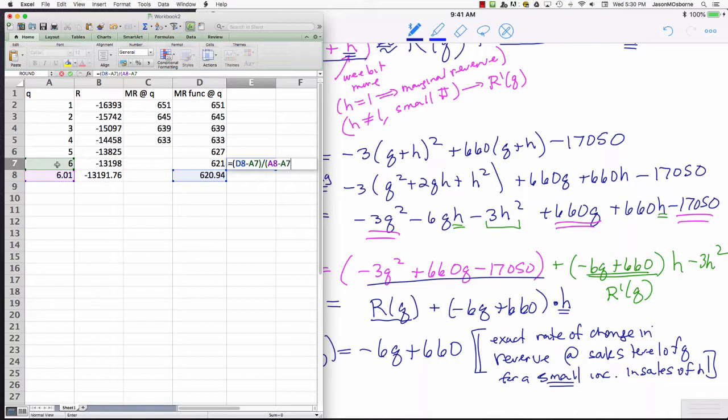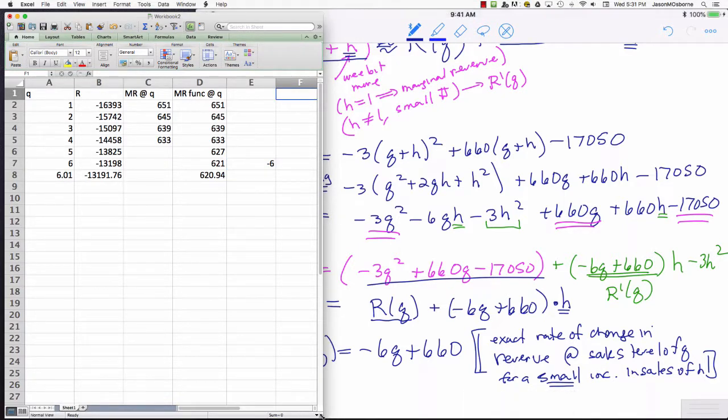And this number right here for A7 needs to be D7. Notice that the answer is minus $6 for an increase of 0.01.